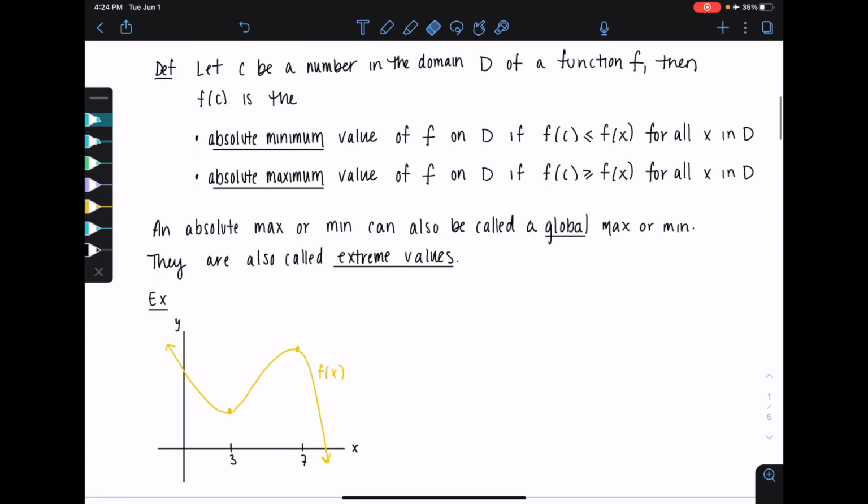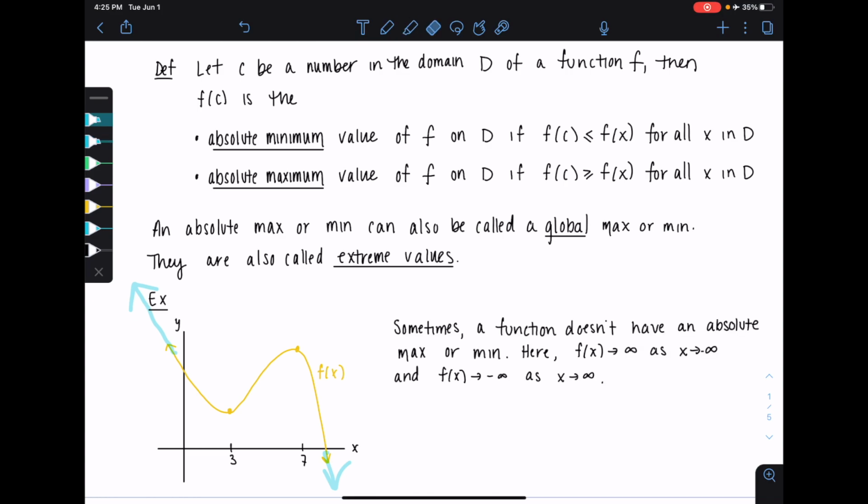So if we look at this function, I don't have an absolute max or min because this function continues up forever and it continues down forever. So sometimes it doesn't happen because we approach positive infinity as x heads in the negative direction, and then we approach negative infinity as x heads in the positive direction.